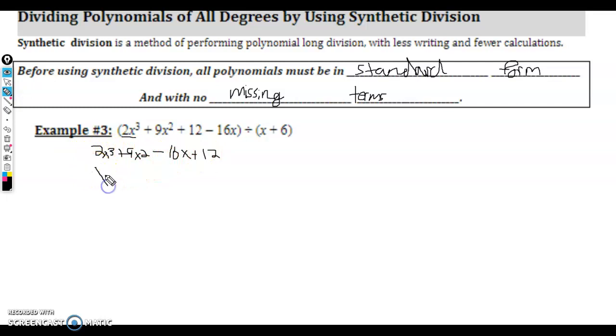So how I set up synthetic division is I make a column for my x to the thirds, my x squared, my x, and my constant. And then my coefficient in front of my x to the third was 2, then 9, negative 16, and 12.